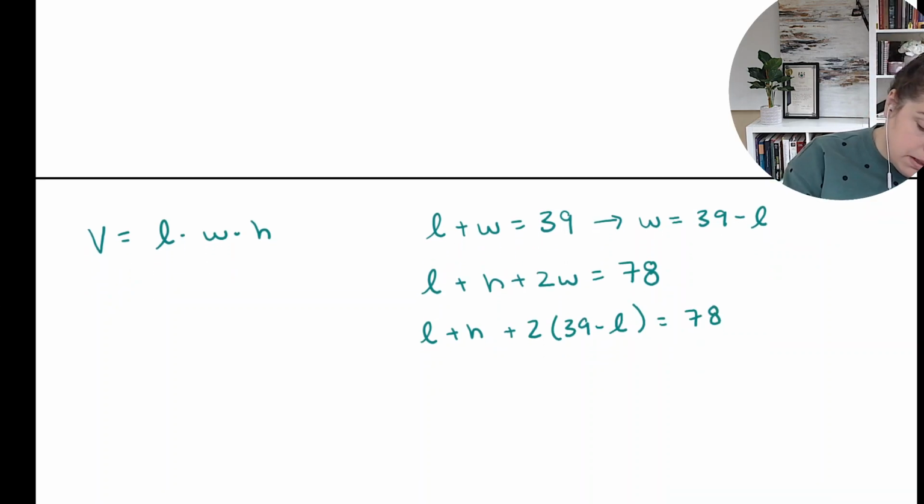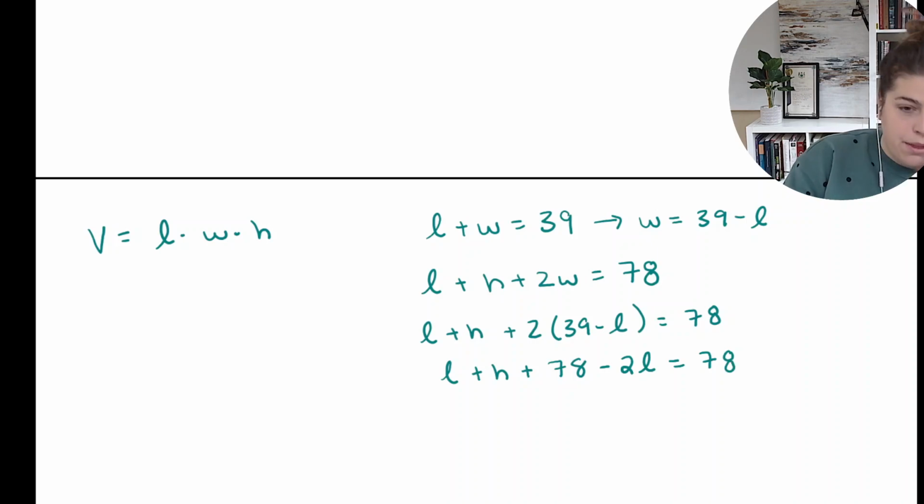And I'm going to simplify this. Then I'm going to end up with length minus 2 length, that 78 coming over to the other side.